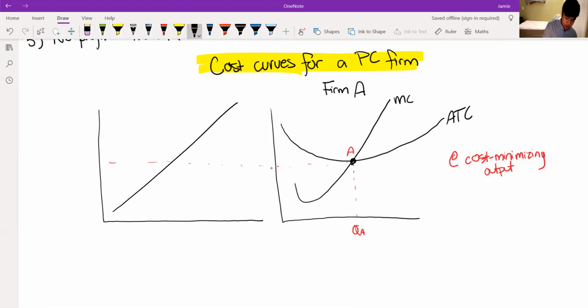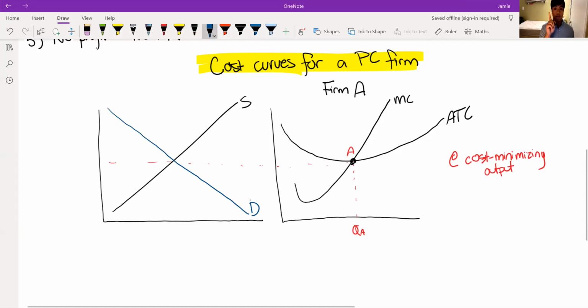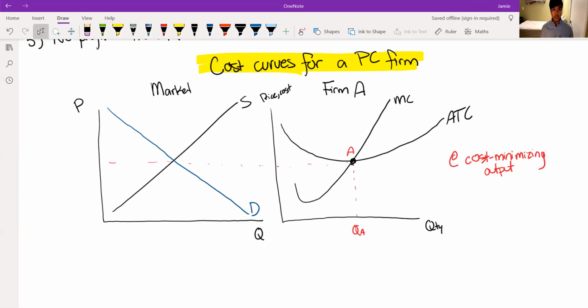This is the supply curve. Say this is the demand curve. Again, do not forget to label your axes. So price and quantity. Again, the main distinction is that this is the market supply and demand. On the right are the individual cost curves for firm A.